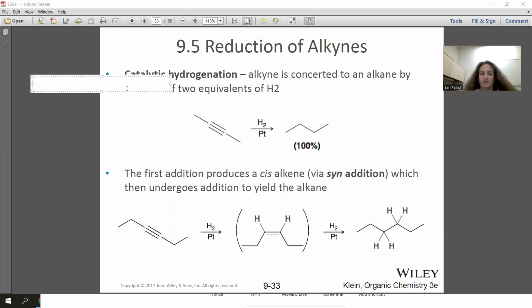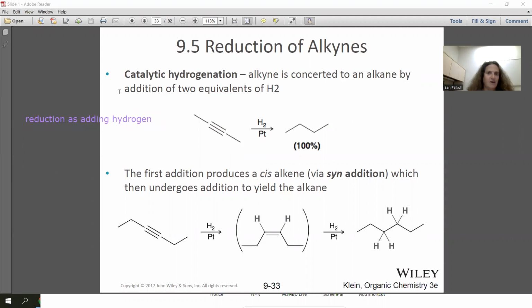Frequently in organic chemistry, we define reduction as adding hydrogen, and we define oxidation as adding oxygen or removing hydrogen.